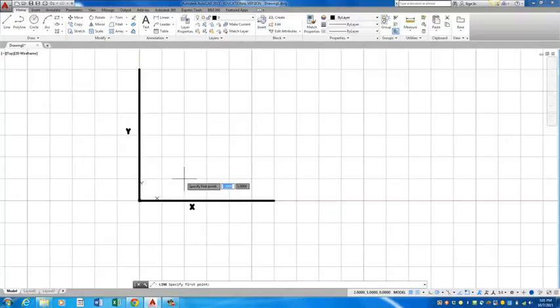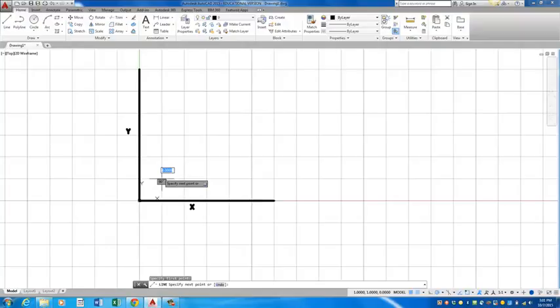Okay, so to explain the absolute and incremental coordinates, I'm going to actually start a line. That line, if you look at it, it started at this point right here. Okay, if you take a look at the grid I have on the screen, I'll just let you know that the grid spacing is 1 inch.